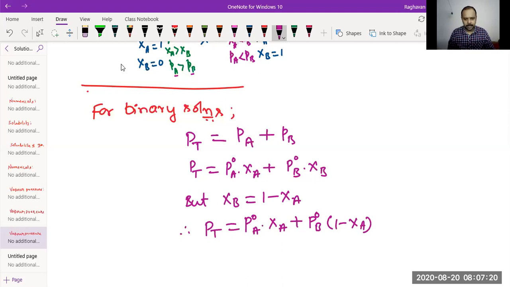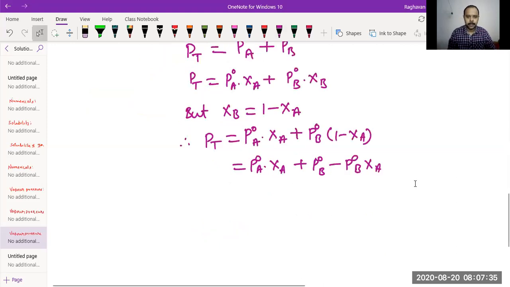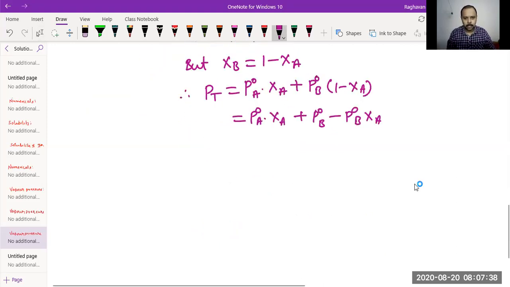Open the bracket: P naught A XA plus P naught B minus P naught B XA. Correct? So I can take the common factor XA out: PT is equal to P naught B plus (P naught A minus P naught B) into XA.